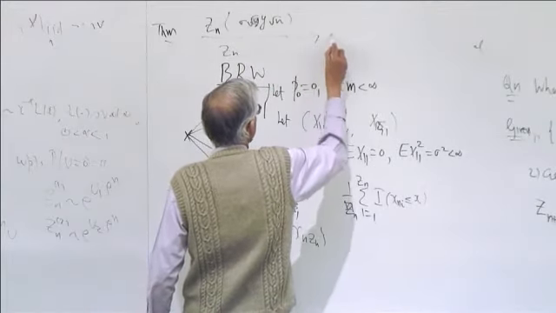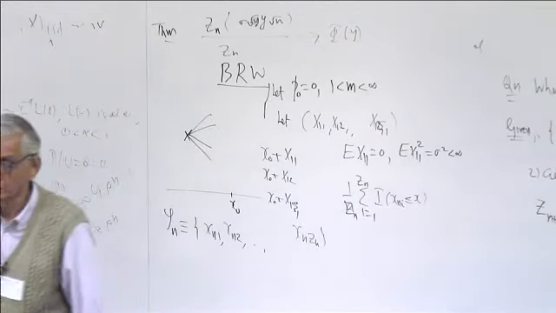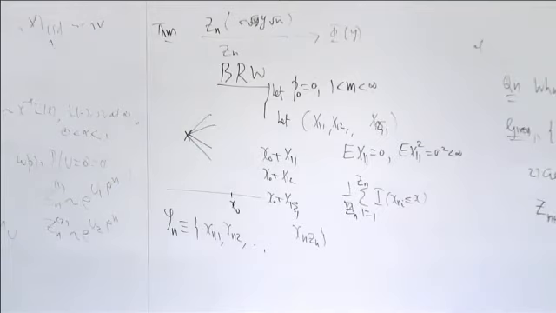Not surprisingly, this will converge to the standard normal distribution function in probability as well as in mean square.